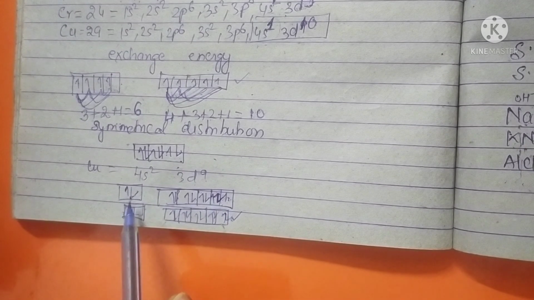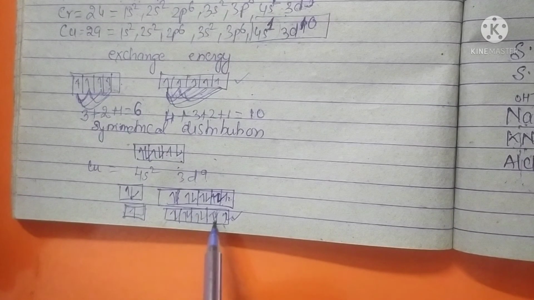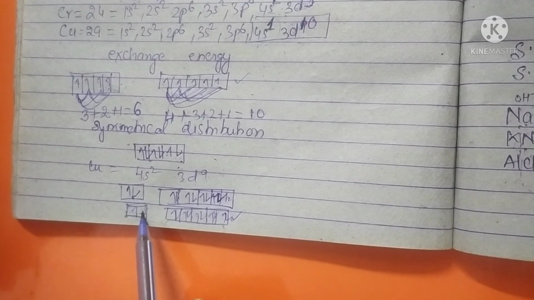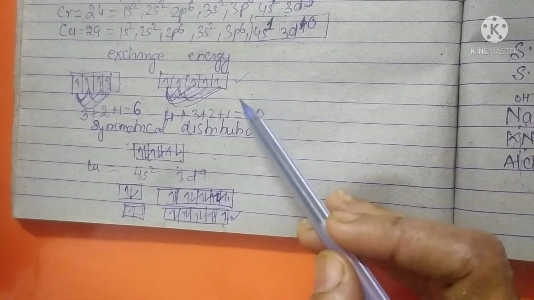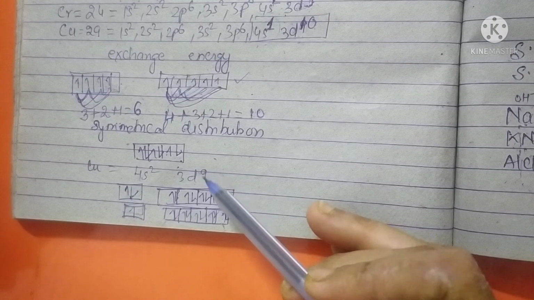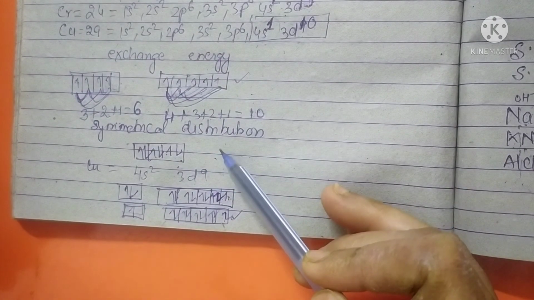But if one electron moves from this orbital to this orbital, the electronic distribution in these orbitals becomes symmetrical, and this also has symmetrical distribution. So there are 2 reasons for half filled and fully filled orbitals being extra stable, that is exchange energy and symmetrical distribution.